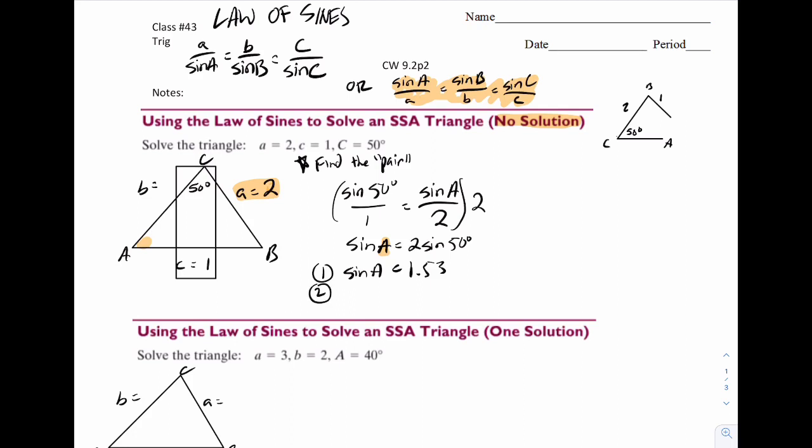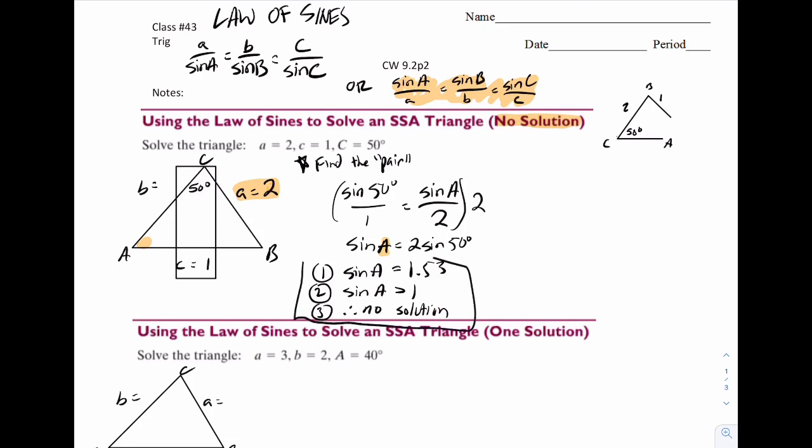The second step is we got to realize that's actually an issue. Notice how sine of A is greater than 1. And we learned, think back to last chapter, the sine and cosine value can never be bigger than 1. So once you've established these two facts, sine is 1.53 and that's bigger than 1, you can write, therefore, there is no solution.